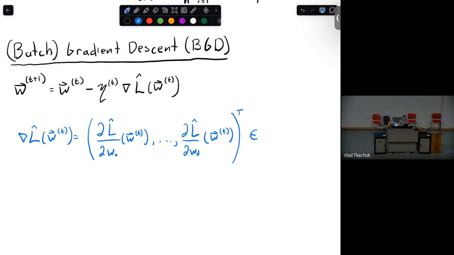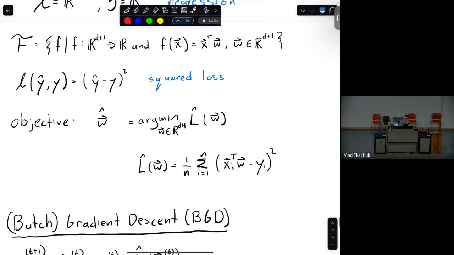This thing is just an element of R^(d+1). It should make sense in terms of the types; they all match. It's a vector in R^(d+1), so you just multiply by a constant and you still get a vector in R^(d+1). Now you're just subtracting two vectors. What do you get? You get your new vector, your new W pointer. You remember in the plots we saw, you're moving closer and closer to W hat.